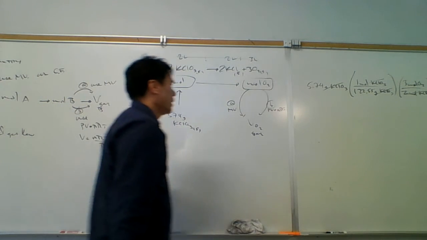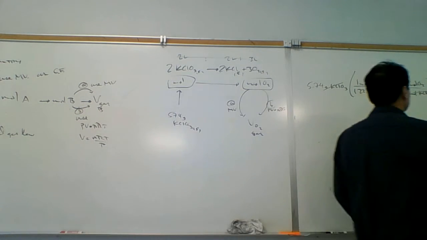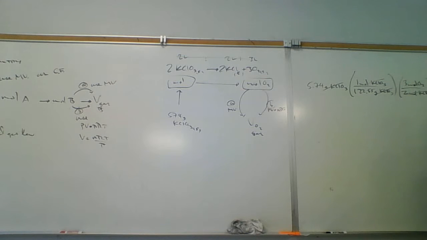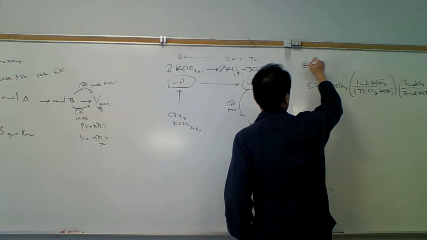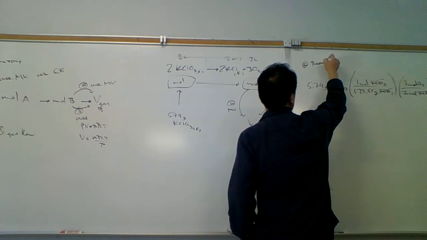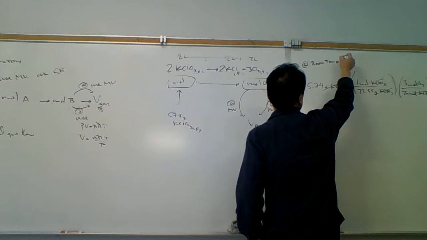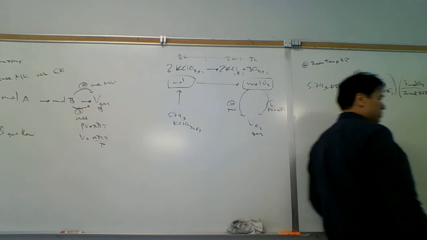Now here we have a choice. Choice A, we use the molar volume. Now, what we're going to do is we're going to do this at room temperature and pressure. What is room temperature and pressure?